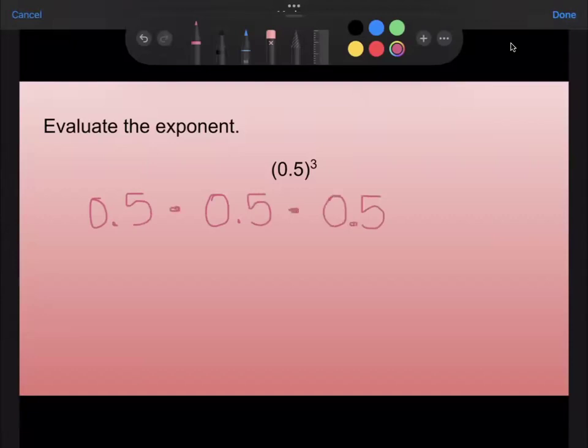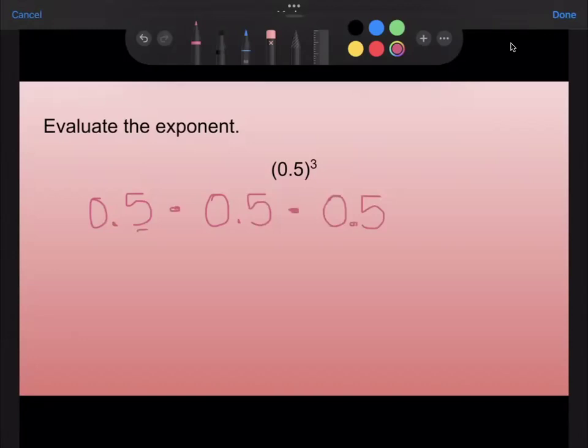The reason I did that is because this will make it easier for me to visually see how many places I need to move the decimal at the end. As you know, when you're multiplying decimals, first you ignore the decimals and multiply, and then you end up moving the decimal a certain number of spaces. So we're going to do the same thing here. I'm going to multiply 5 times 5 times 5.